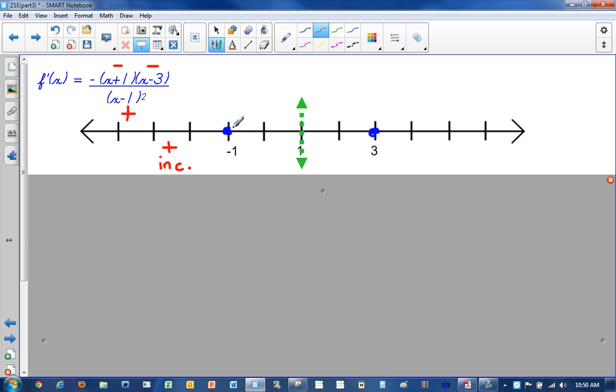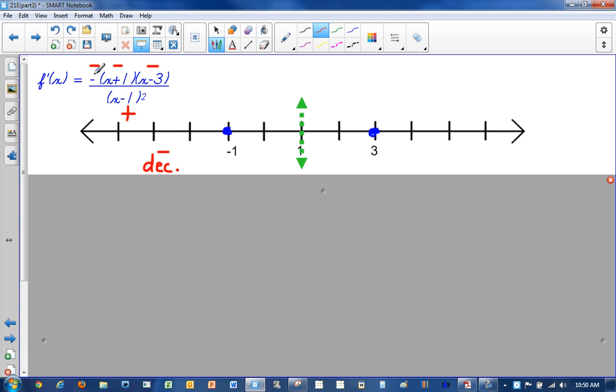I will try 0. Oh, hold on a second. I just realized something. There's this negative out here too. Okay, there's a negative right there, so a negative times a negative times a negative over a positive is negative, so the original function is decreasing. Glad I caught that.